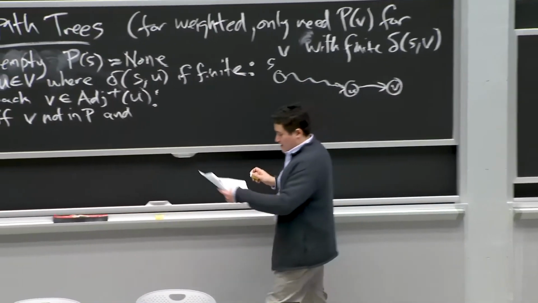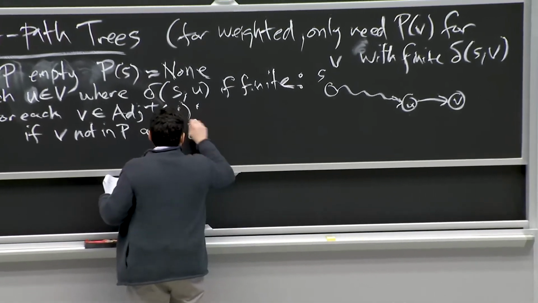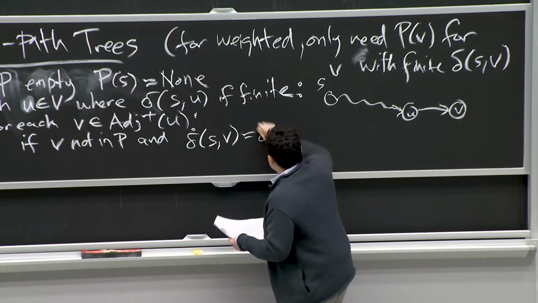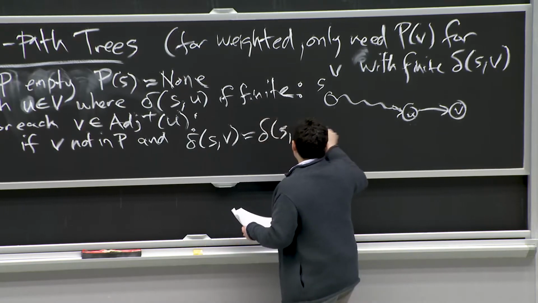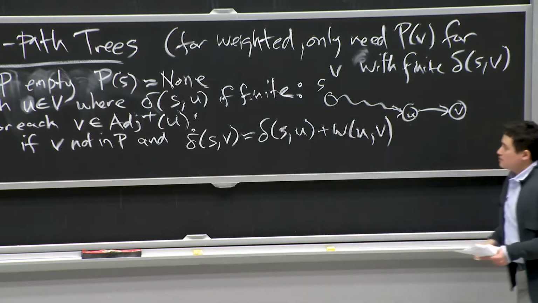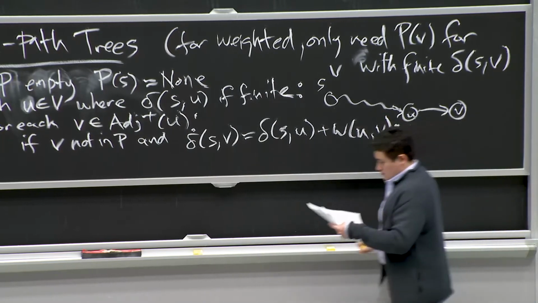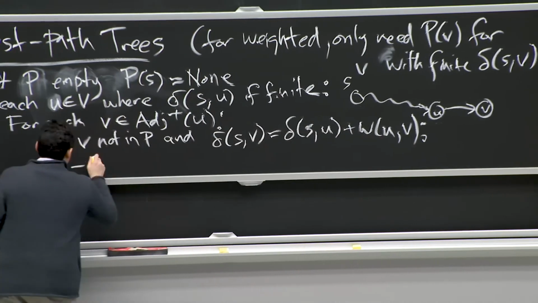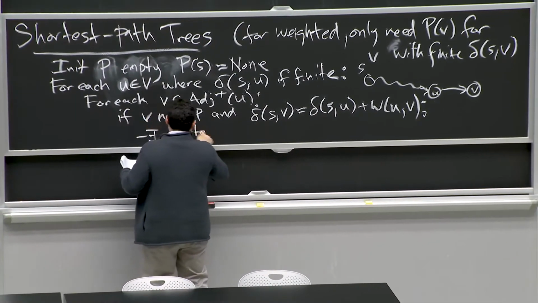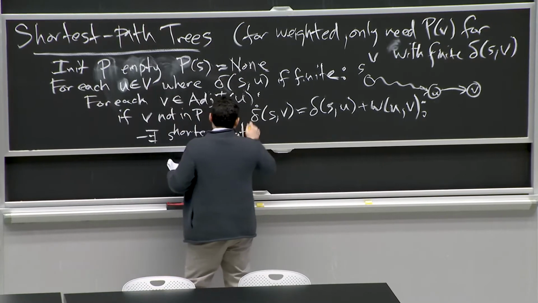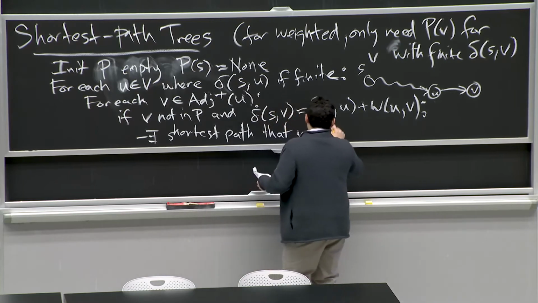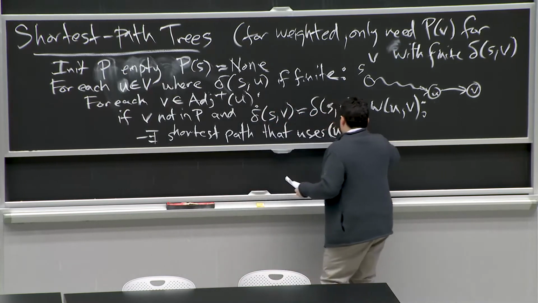Okay, so let's write that condition down. If the shortest path distance from s to v equals the shortest path distance from s to u, and then traversing the edge from u to v, then there exists a shortest path that uses edge uv.